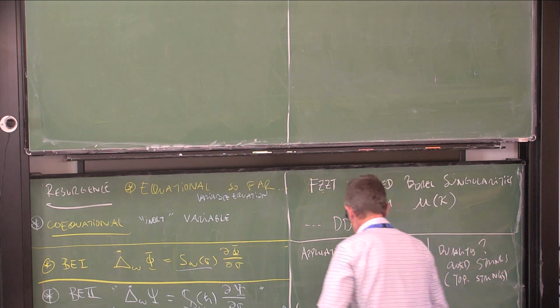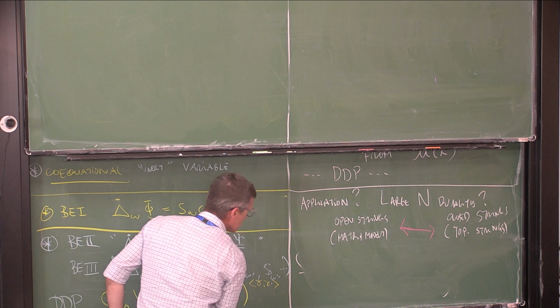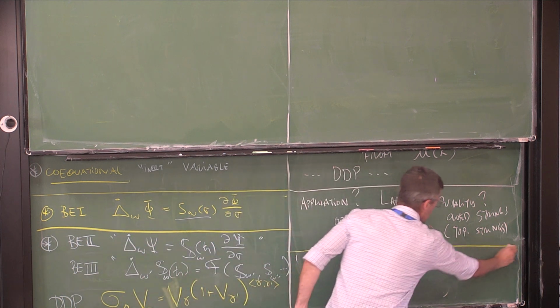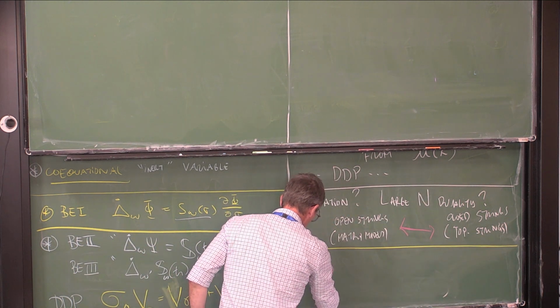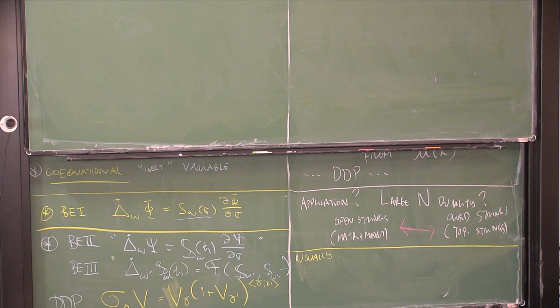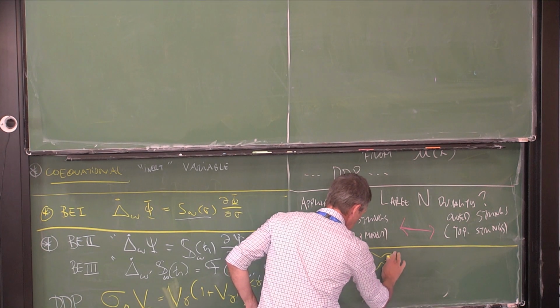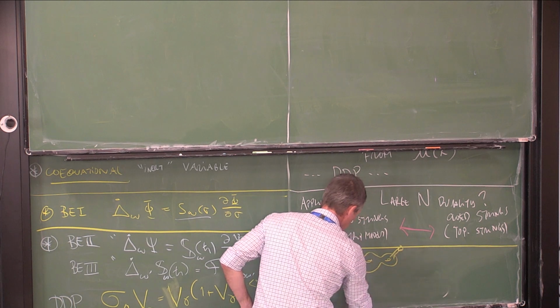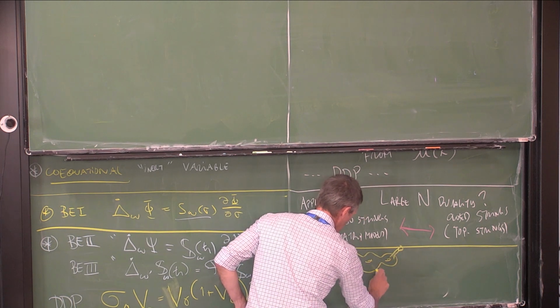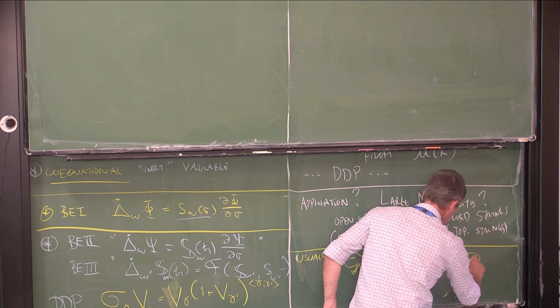So usually, let me just try to finish everything in this little piece of the blackboard. Usually, people try to show or understand large N duality on the world sheet, right? So you look at open strings, you look at world sheets with boundaries, and you try to map these to world sheets without boundaries.